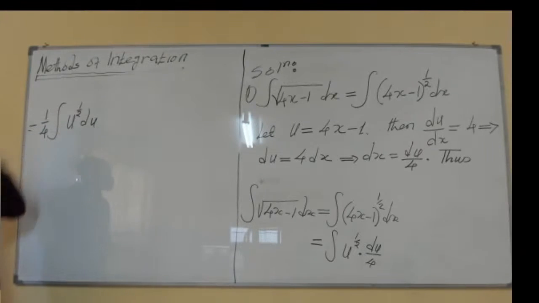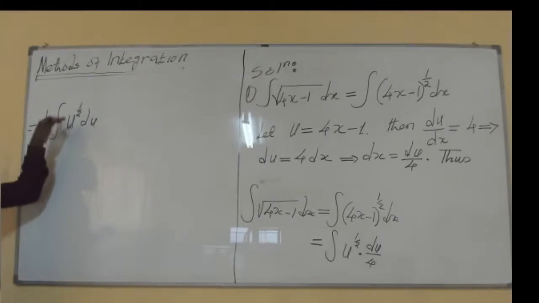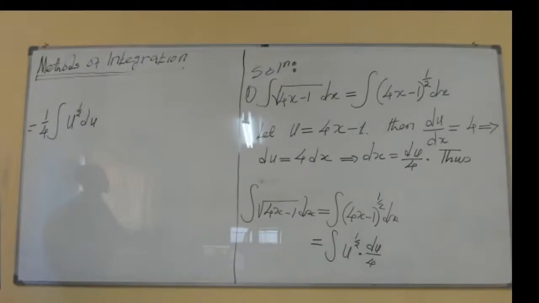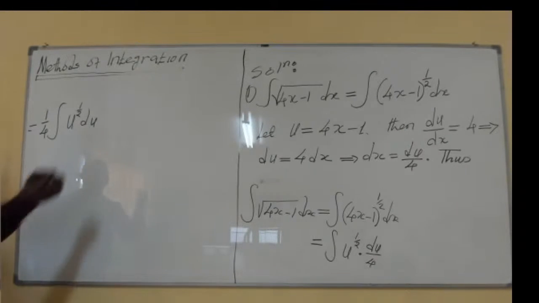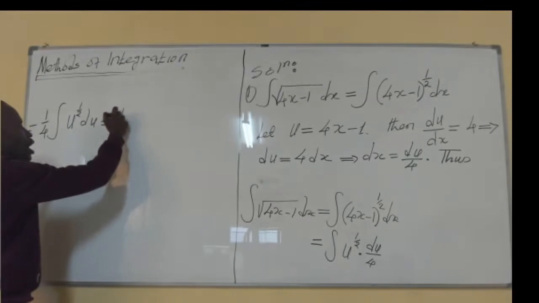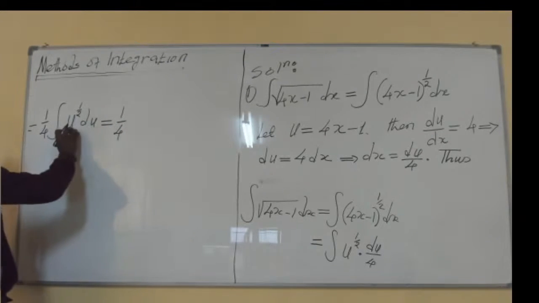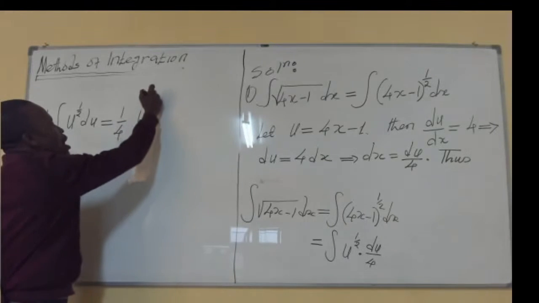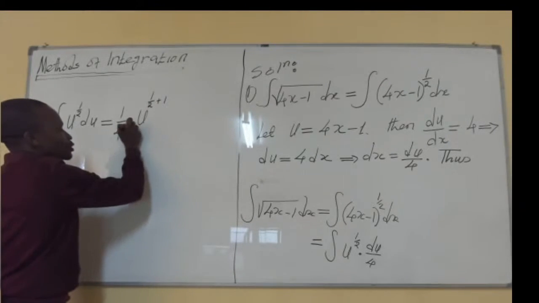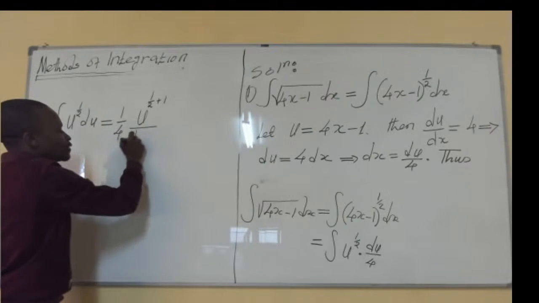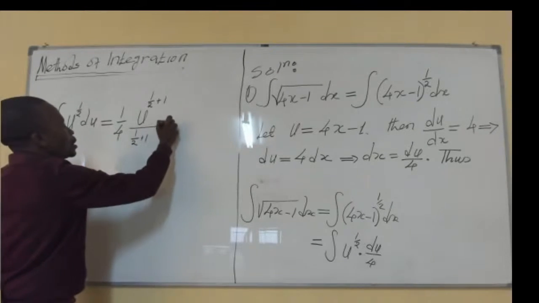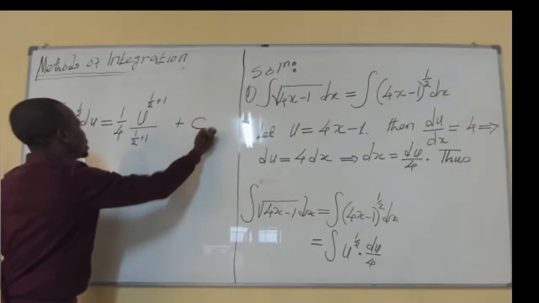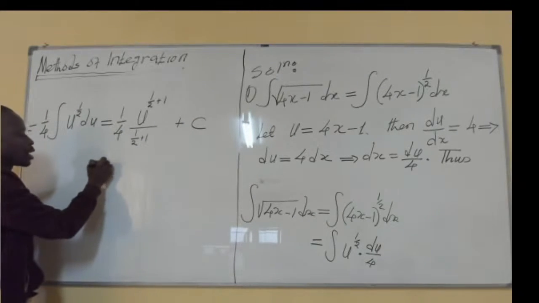So now we integrate with respect to u. If you look at this u to the power half, you are able to integrate it using the concepts that you learned at first. So this is equal to 1 over 4 times u to the power half plus 1, over 1 over 2 plus 1, plus c, which is the constant of integration.